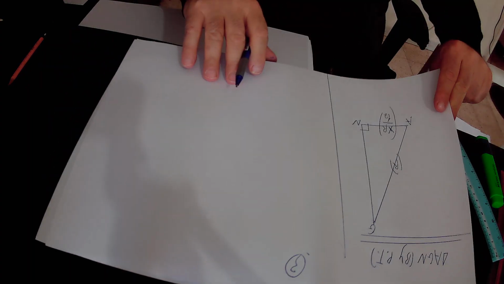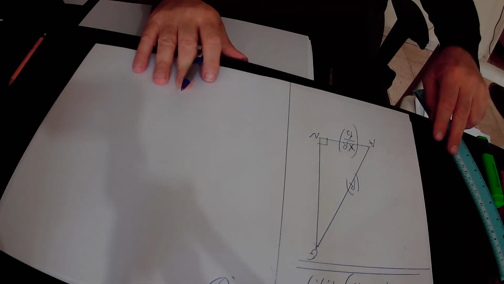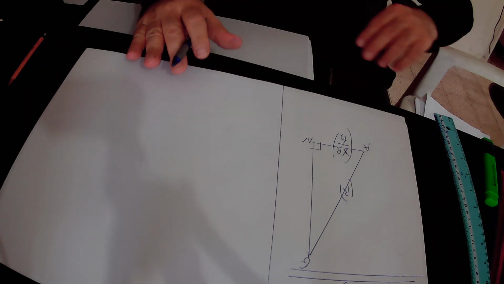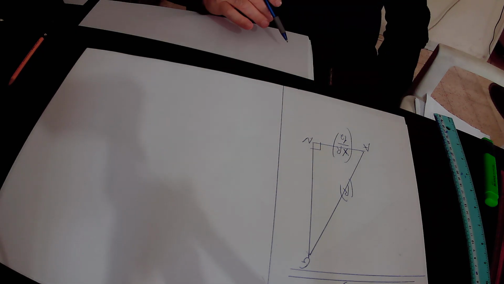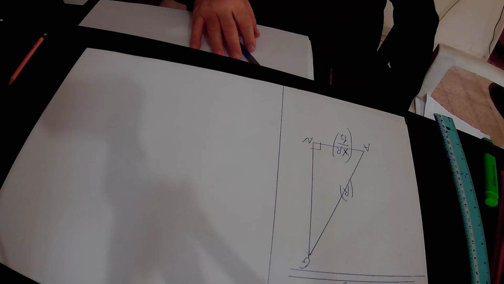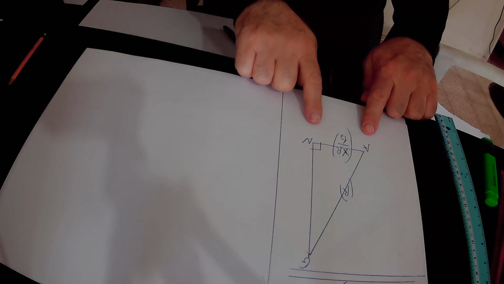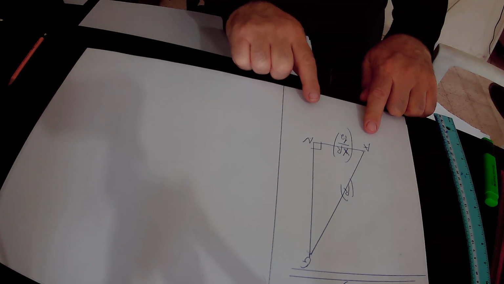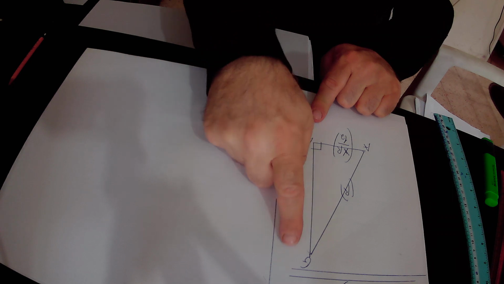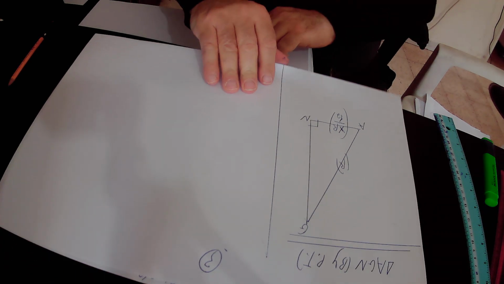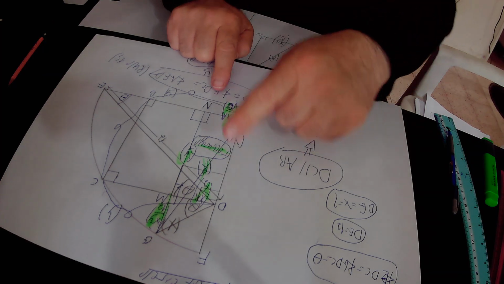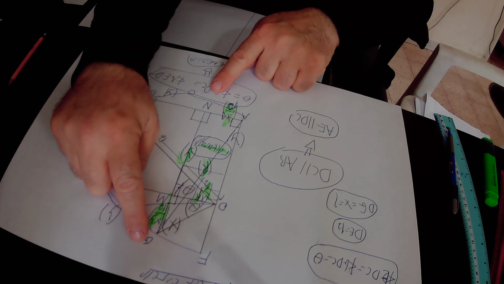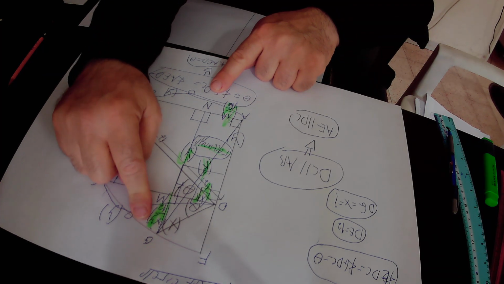So actually, this is the right triangle AGN that I copied from the original drawing. We already found out that the hypotenuse AG equals R. We already found out that side AN equals XR over 12. What is the length of side GN? Here, from the drawings, it's very easy to see that GN in total equals GM plus MN.